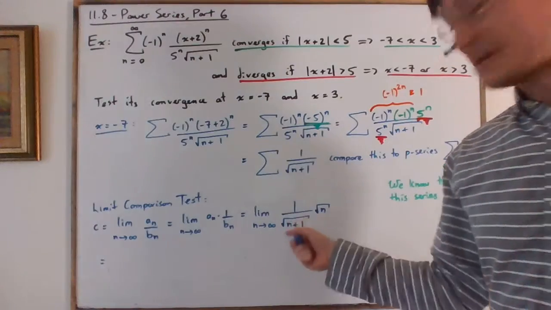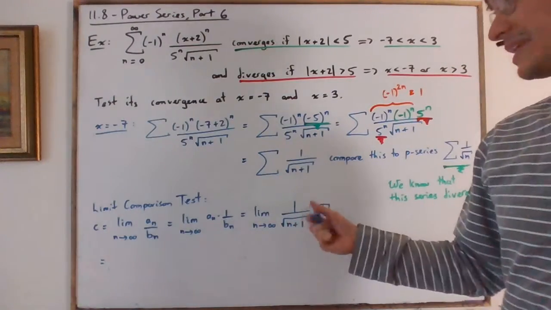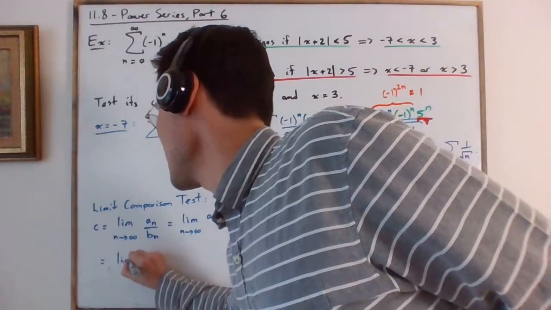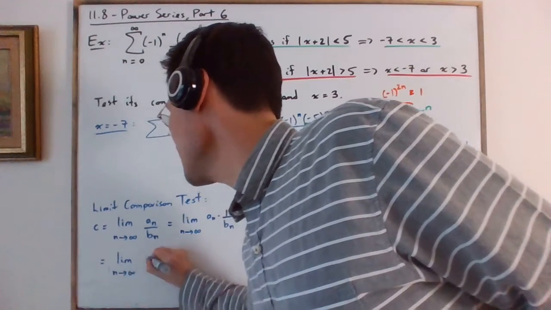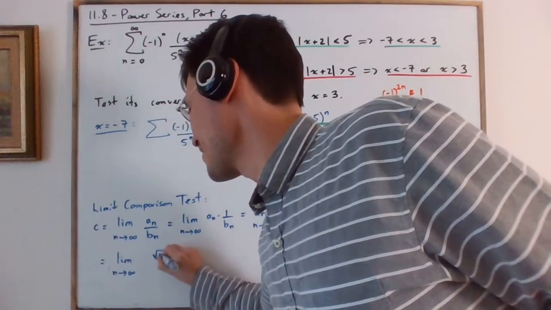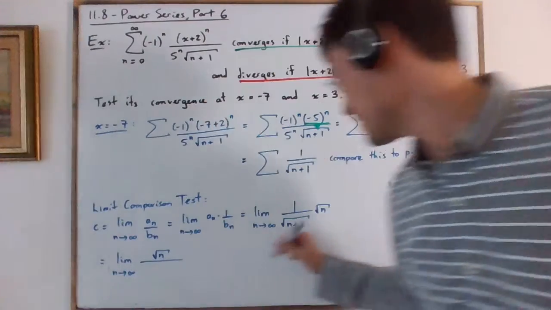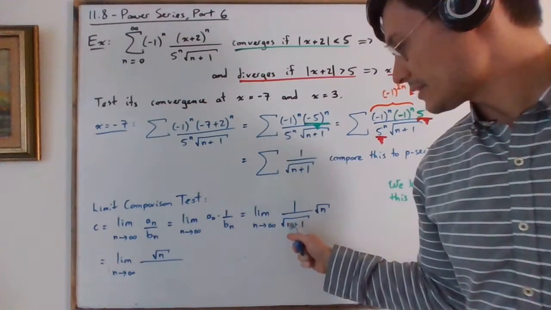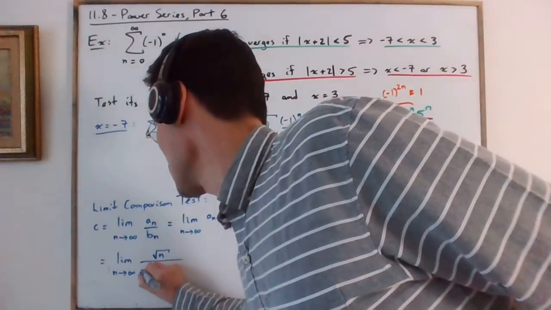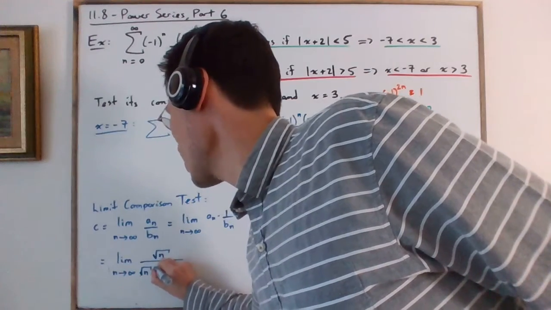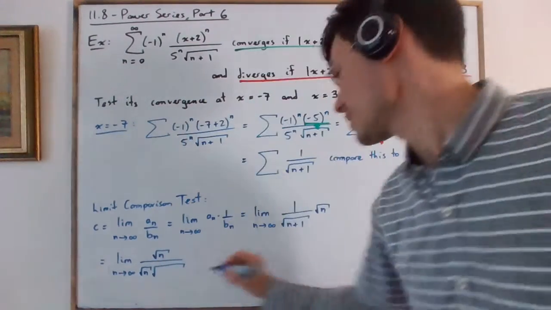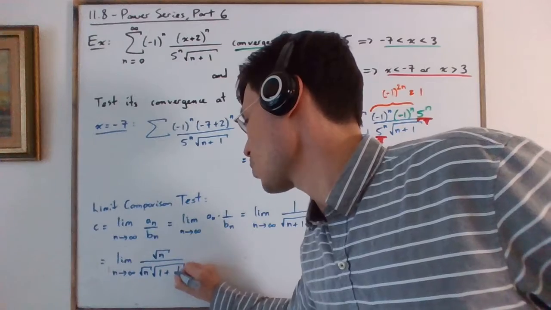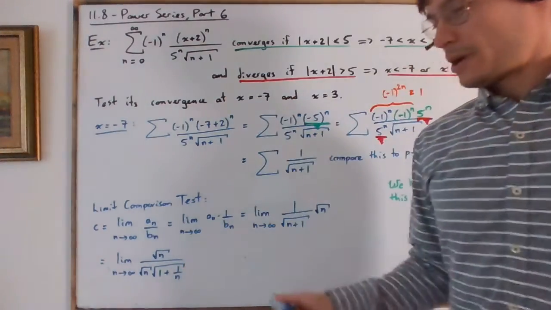Afterwards, we continue the limit, and you should see very well what's happening over here. We take the limit as n is approaching infinity, square root of n at the top. And here, we take out the square root of n. So we have square root of n, and what's left inside the square root is 1 plus 1 over n.